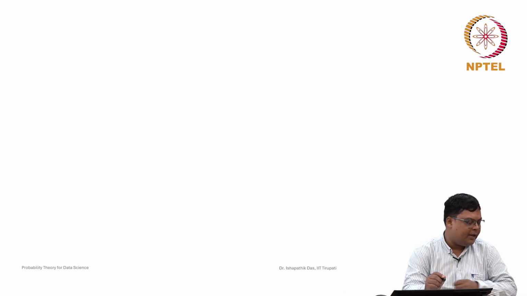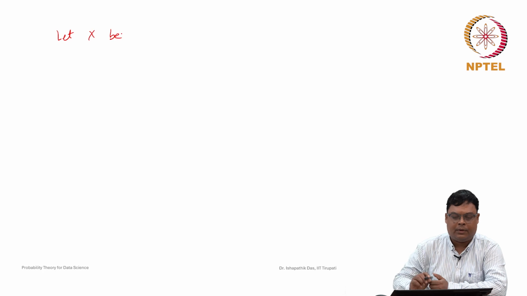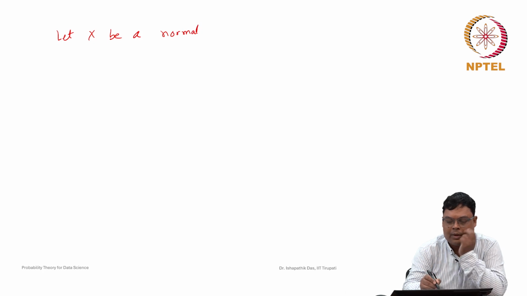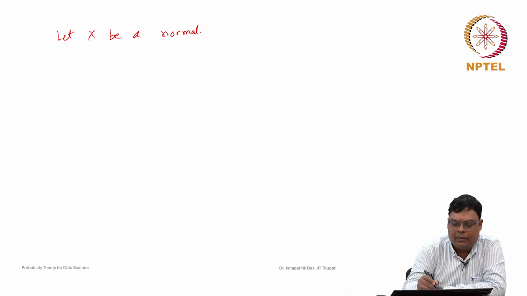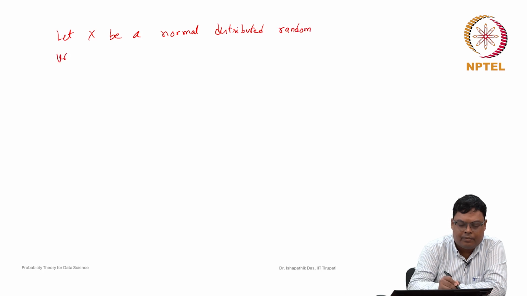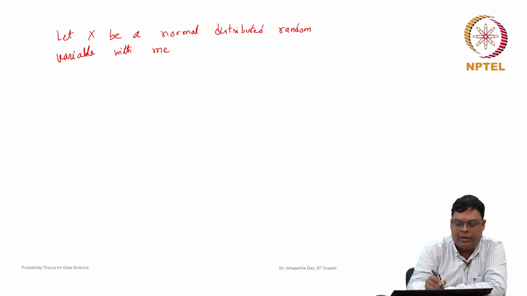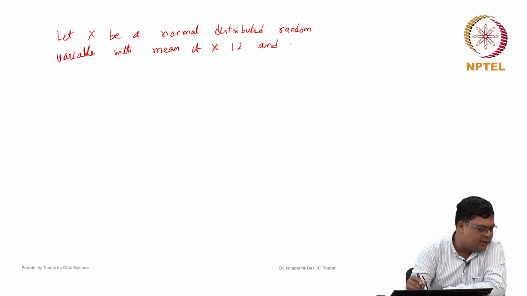So, one problem: let X be a normally distributed random variable with mean of X equal to 12, and standard deviation 4.